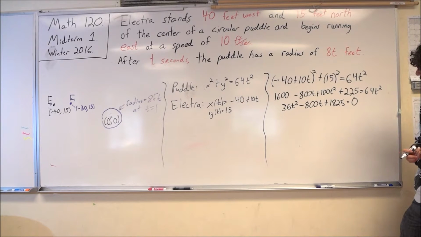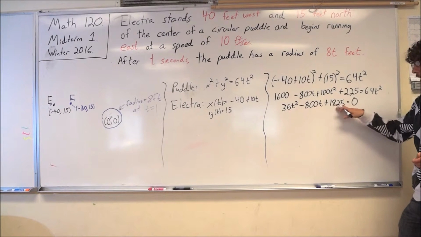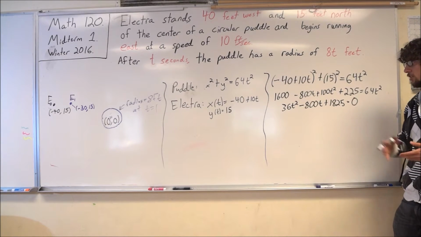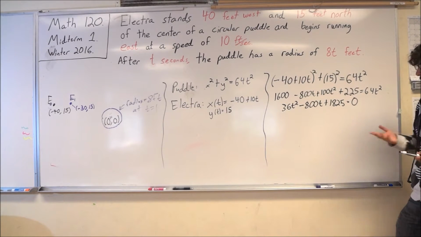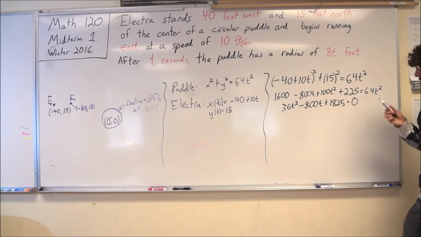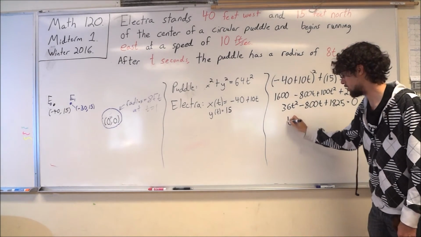So I can now, using these coefficients, directly plug this into the quadratic equation. If I'm using a calculator, I might do that now. I might also look to see whether I could factor a term out of this, just to make my life a little bit easier when actually working through the square roots. In this case, I don't see a common factor of 36, 800, and 1825 off the top of my head, so I'll just go ahead and plug it into the quadratic equation.